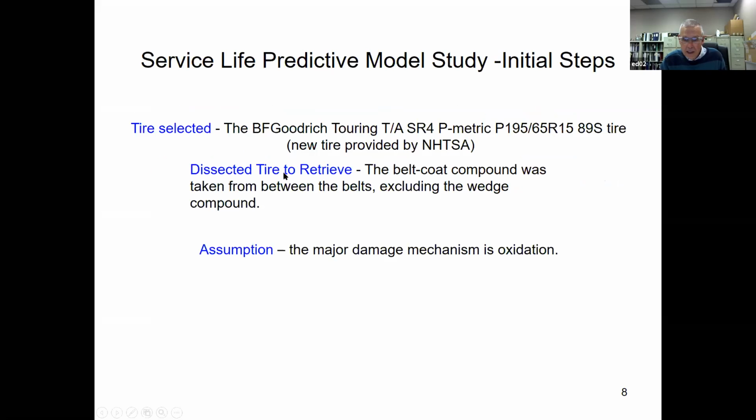The tire was dissected to retrieve the belt coat compound taken from between the belts, excluding the wedge compound. And we're going to jump to the assumption that the major damage mechanism is oxidation. This will be talked about thoroughly next week when we talk about the chemical mechanisms of aging.